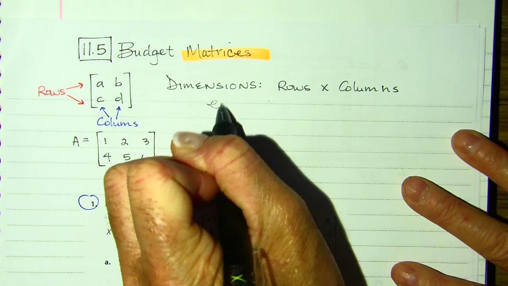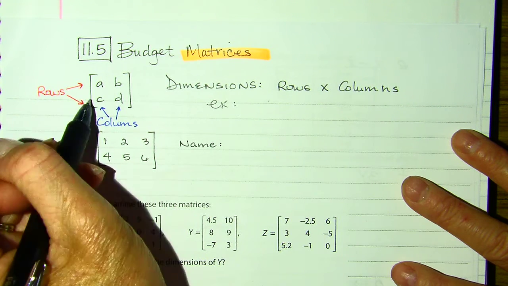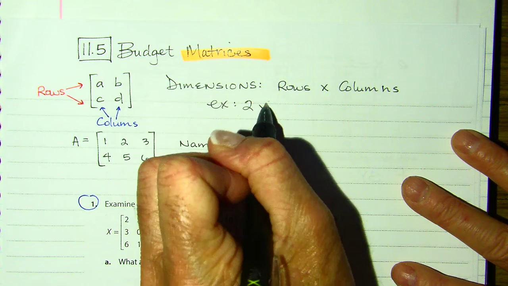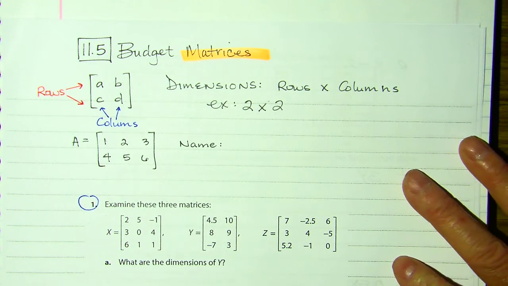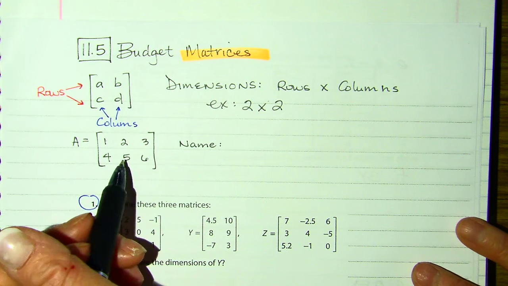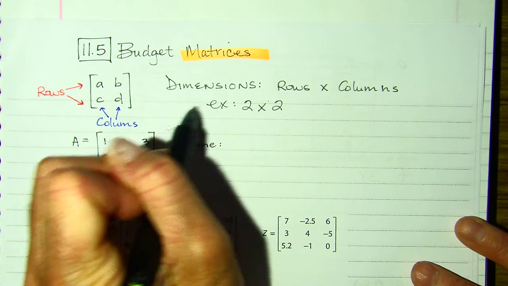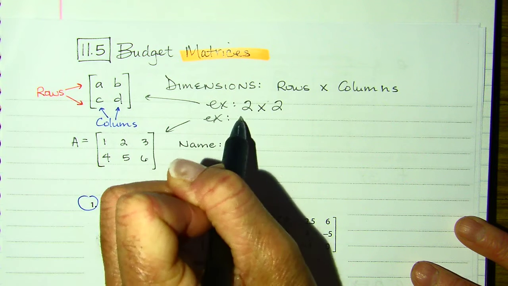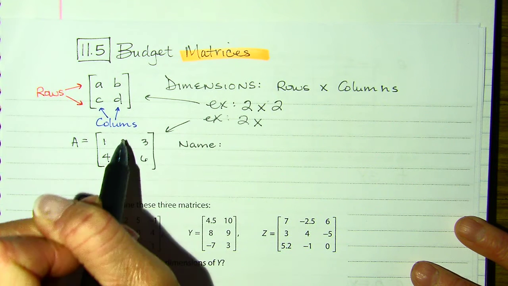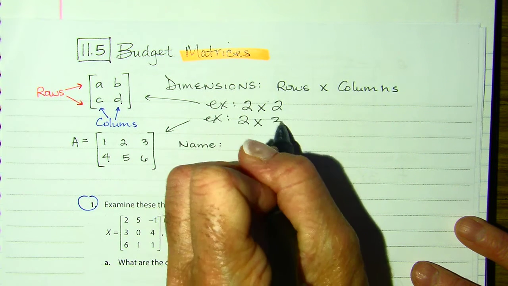So, example, this has 2 rows by 2 columns. Okay? This next one has 2 rows by 3 columns.